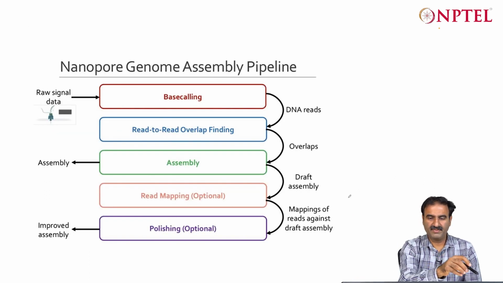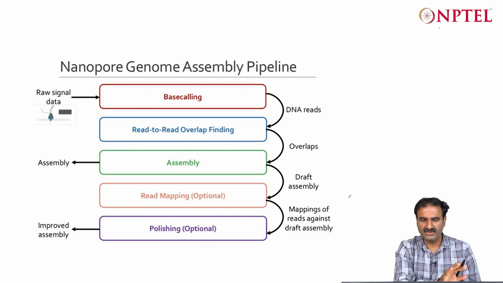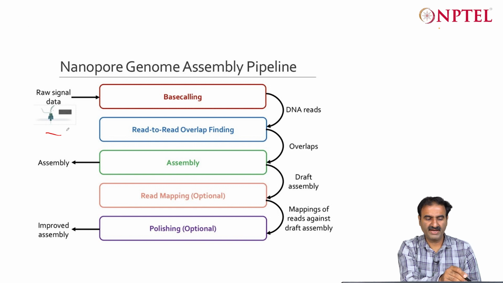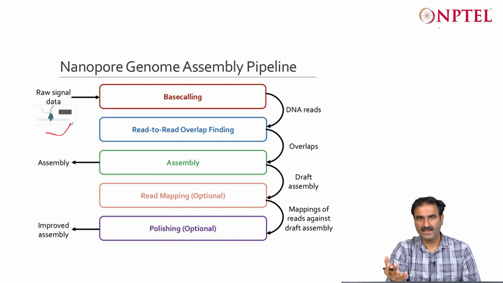Just a small overview of the genome pipeline for nanopore: you detect the signal from the device, and that data is used for base calling, that is, what base was present, A, T, G or C, and that converts into a long read.